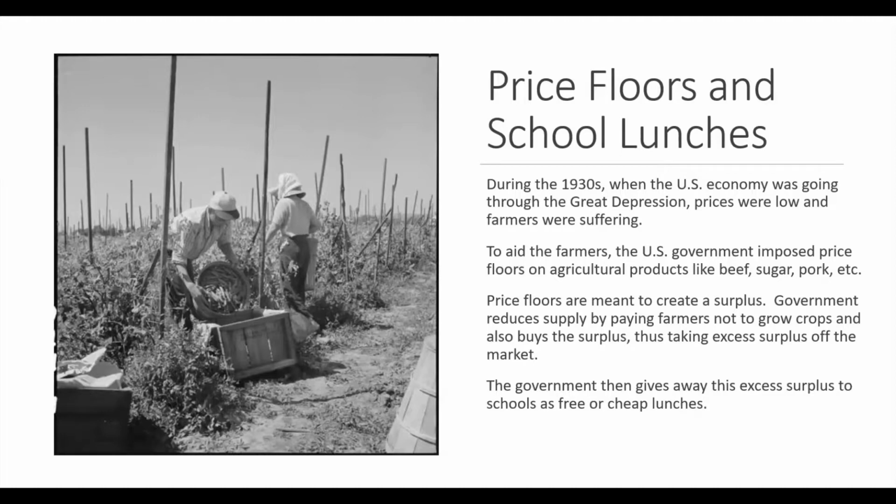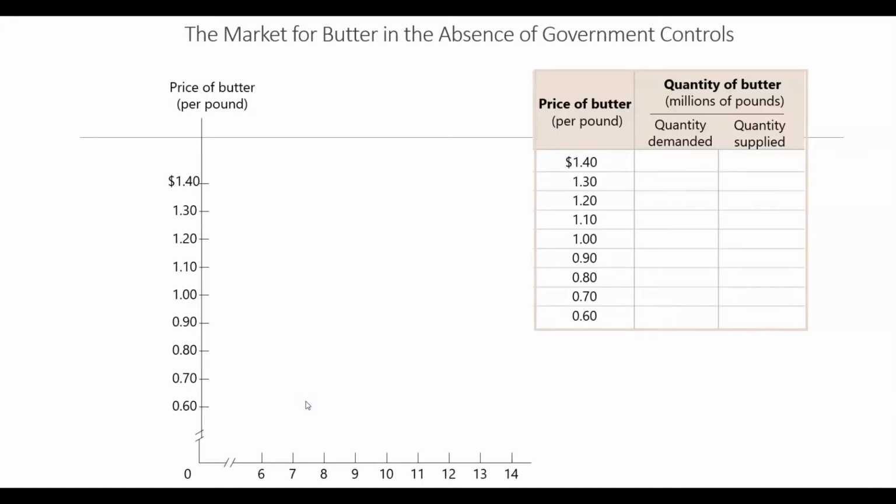Today, during the pandemic, government is also supplying or subsidizing farmers and buying products from farmers and using those in food banks. So let's just take a quick look at what this would look like.